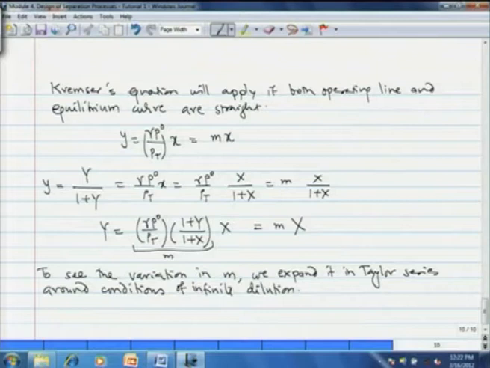As long as M remains constant, the equilibrium curve will be a line and Kremser's equation will apply. So, we shall see what the criteria are for constancy of M, okay? The conditions of infinite dilution are y equal to 0, capital Y equal to 0, capital X equal to 0, and T equal to TL, the inlet temperature of liquid.